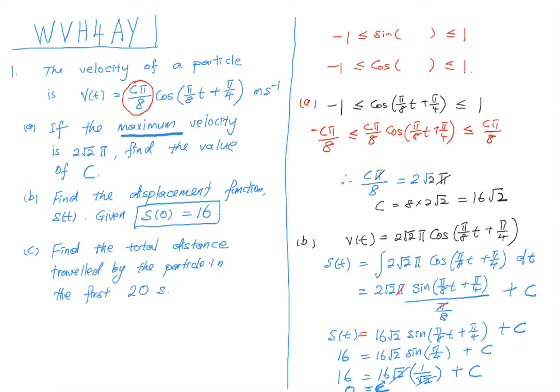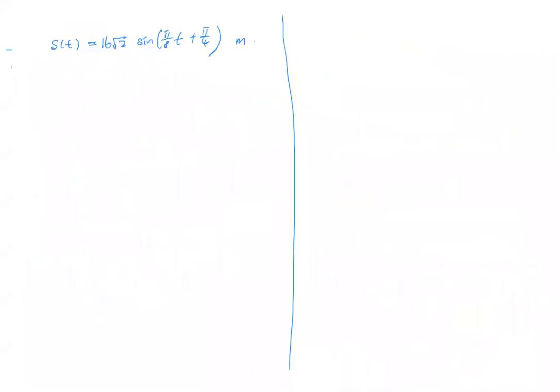Okay, now, the next one. We want to find the total distance traveled by the particle in the first 20 seconds. Now, how are you going to do this? Now we got two functions to be used. You want to use your s(t) function or you want to use your v(t) function?